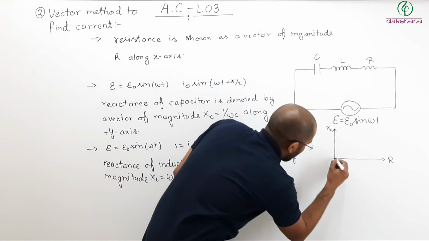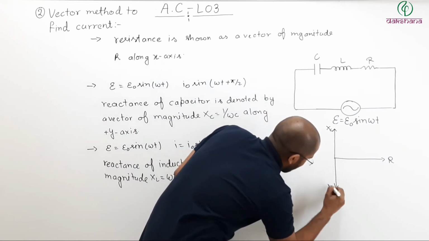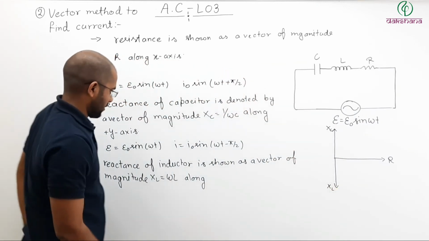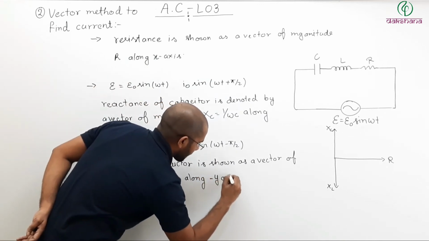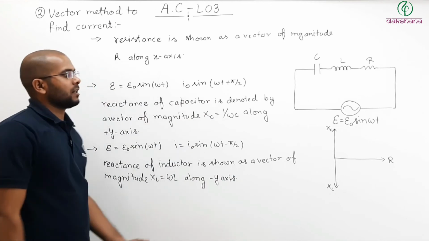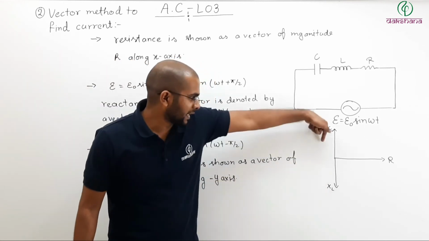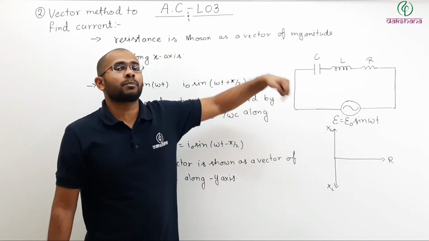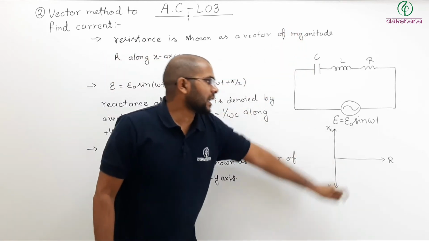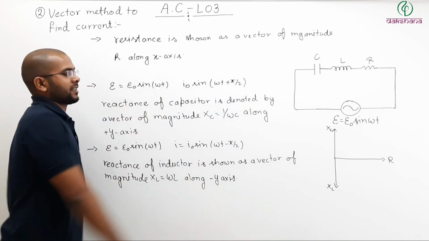So here I will denote XL like this, along the negative y-axis. XC is denoted along the positive y-axis, and R is denoted along the positive x-axis.